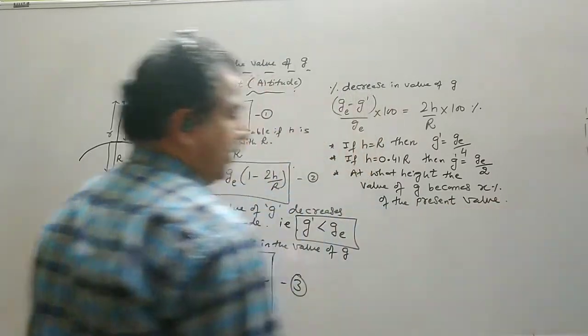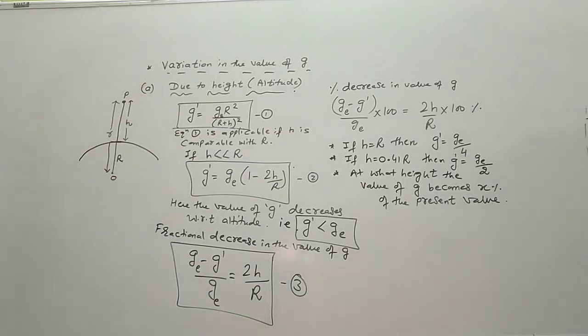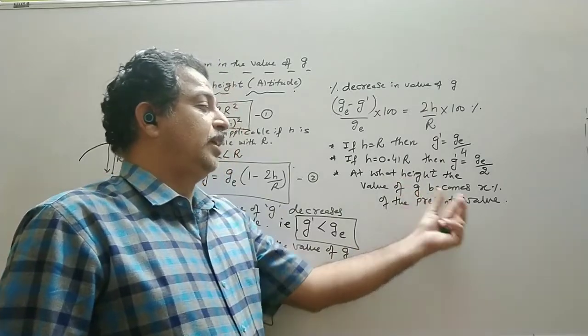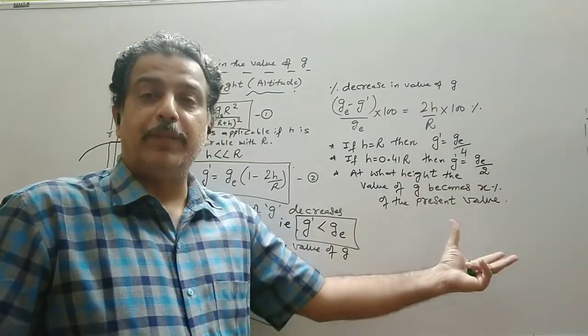So we know that the present value is 10. Now the question is, at what height the value of g becomes 4% of the present value, or 1/4% of the present value. So you have to find out the height where the value of g becomes x% of the present value.